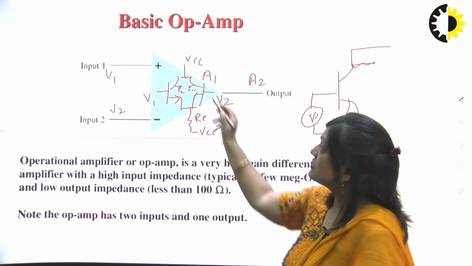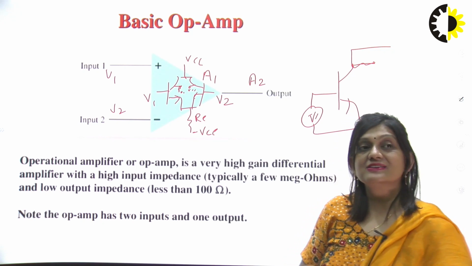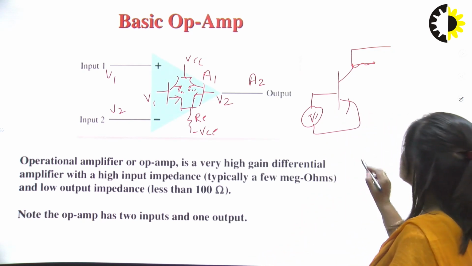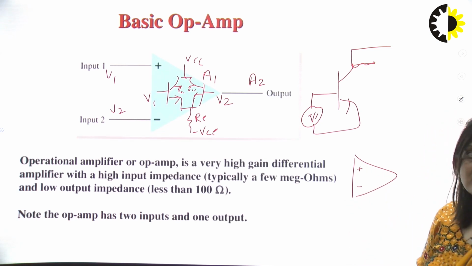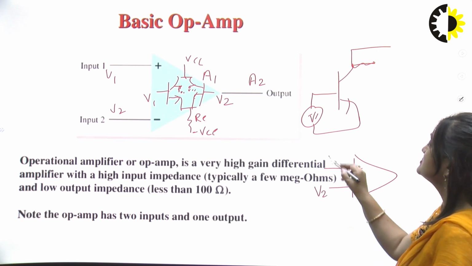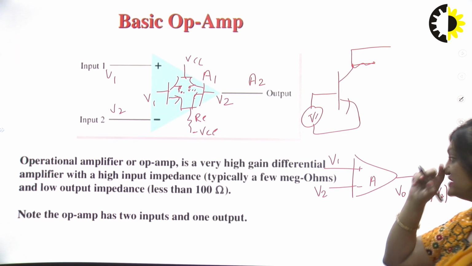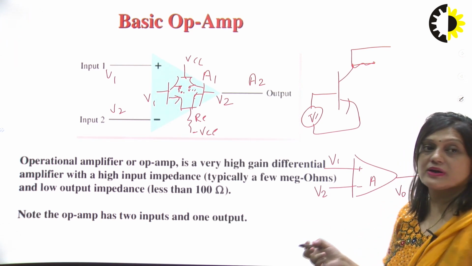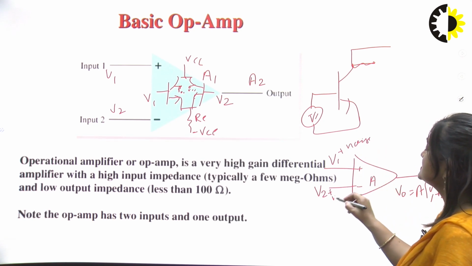The benefit of the op-amp as a difference amplifier is that it can reject the noise in the signal. We have op-amp plus as the non-inverting input and minus as the inverting input. So this is V2 and this is V1. Gain is A, so output is A0 times (V1 minus V2). If noise is introduced at the input end, here noise is there and also here noise is there.